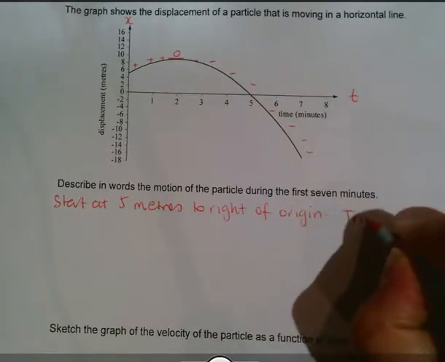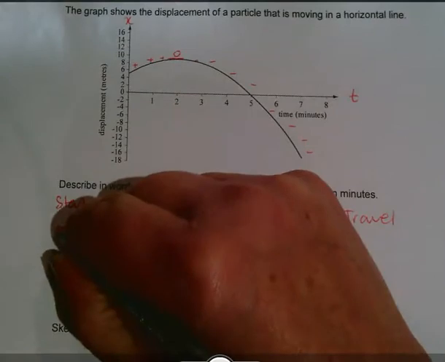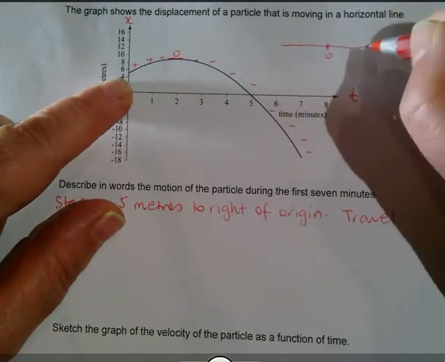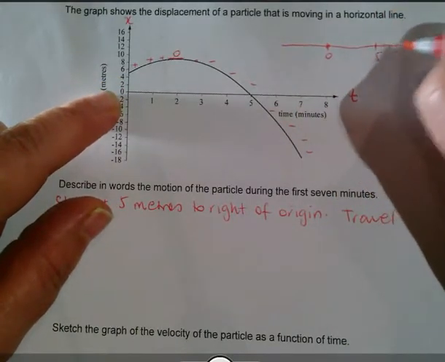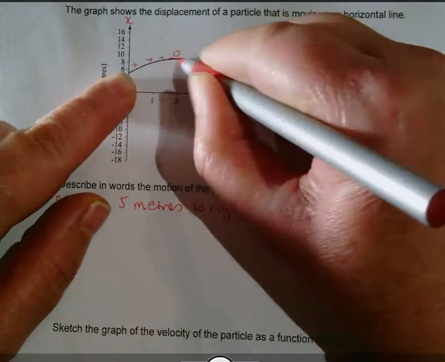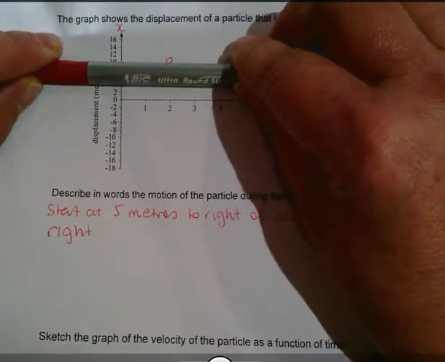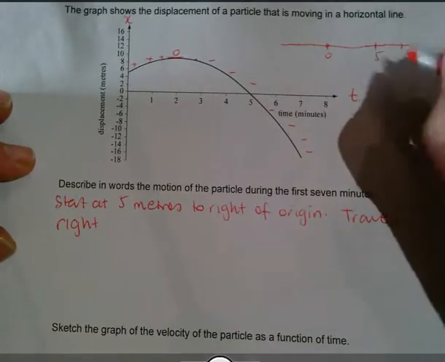You then travel right as well, because if I draw it on the number line, here's my origin. I start at 5, and then I'm traveling to, I think it's 9. So I go from 5 to 9.